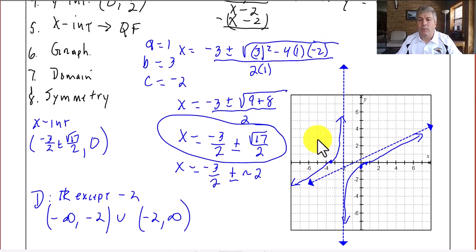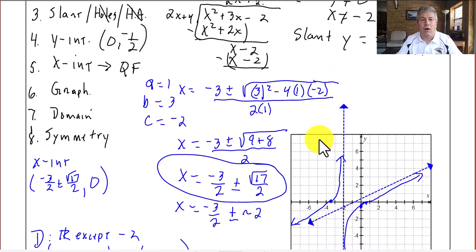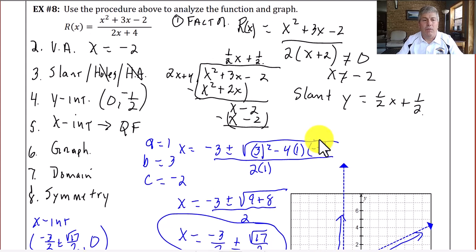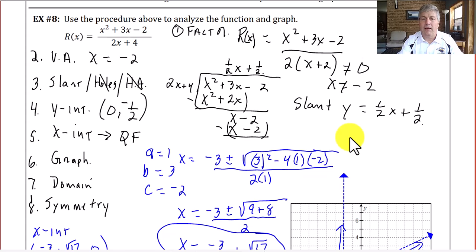So there we have graphed our rational function. We found the domain. We said there was no symmetry, and that's a really nice example, and you'll get some more practice with those when I see you in class.